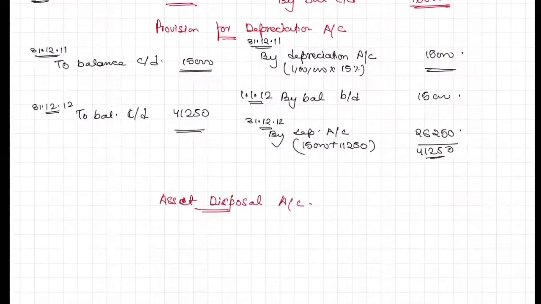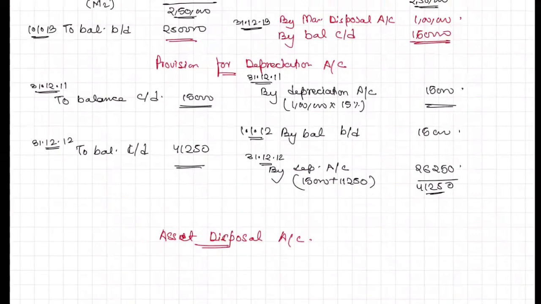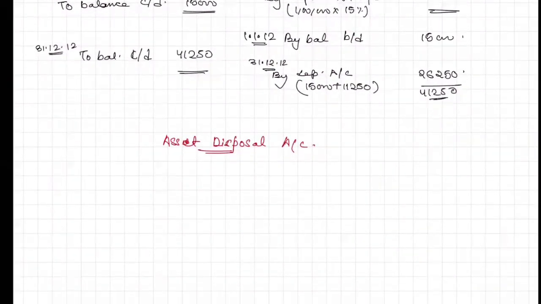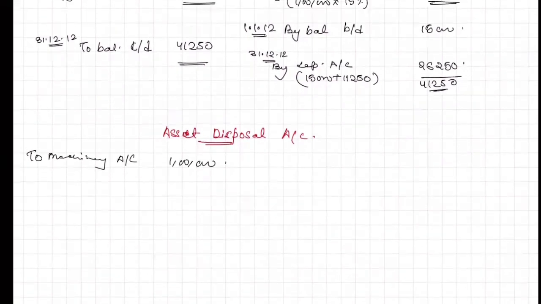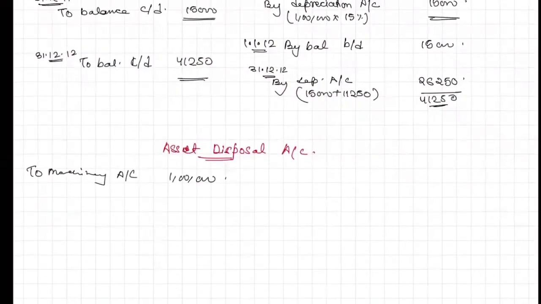Now, see this, it is coming by machinery disposal account. So what it will be in the asset disposal account, it will be machinery account. Machinery account of how much amount? 1 lakh. Correct. And here what will happen? So let me draw opening entry. 1st Jan 2013.